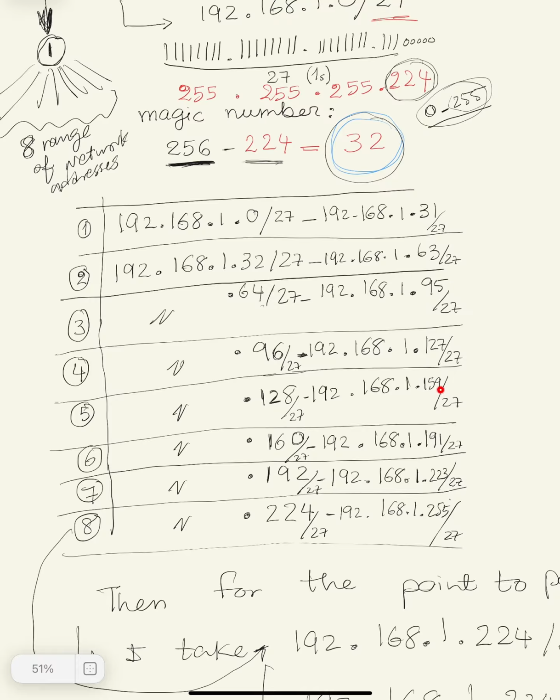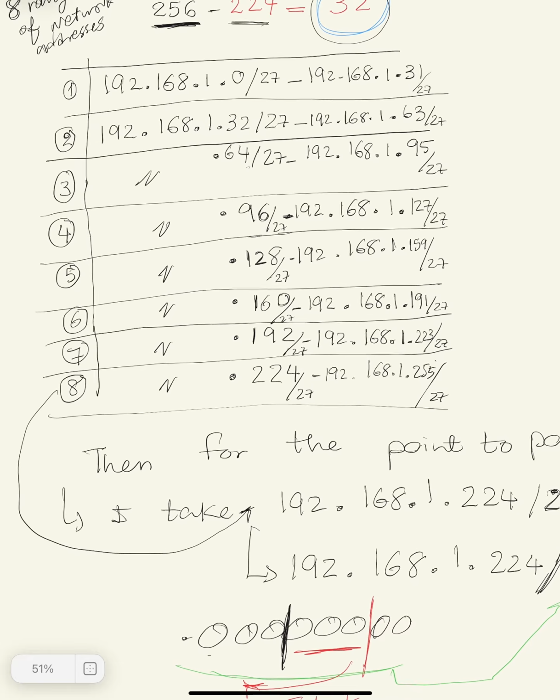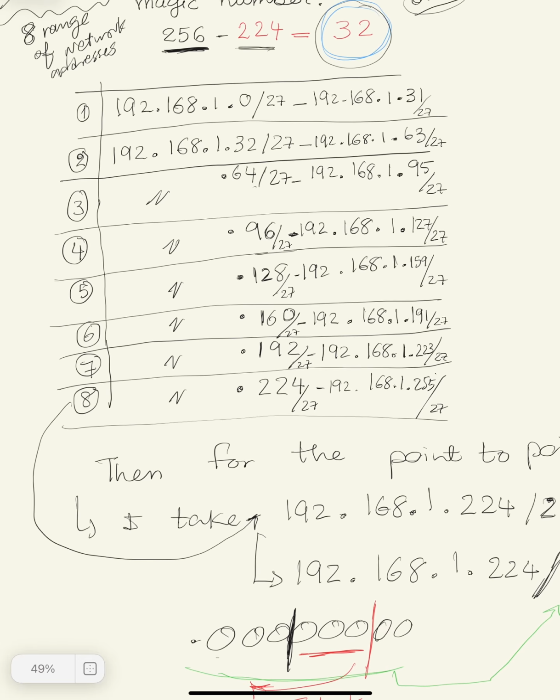So this is a pattern that you can see: each of these broadcast addresses is one less than the next network address. Okay, so when you figure out the magic number, then writing the range of IP addresses is quite easy. So here we have all those IP addresses.